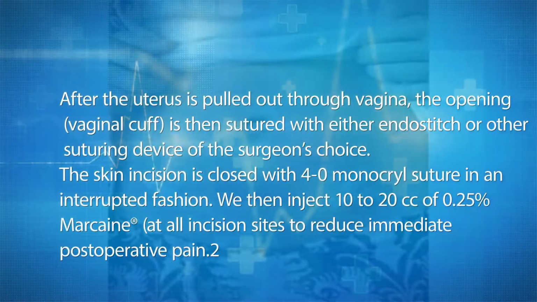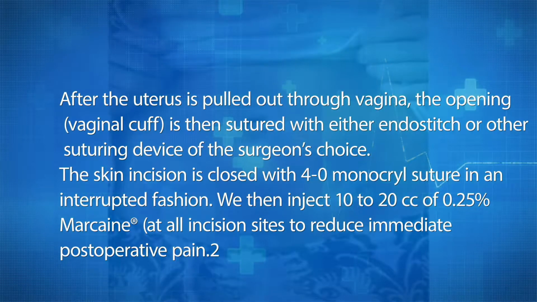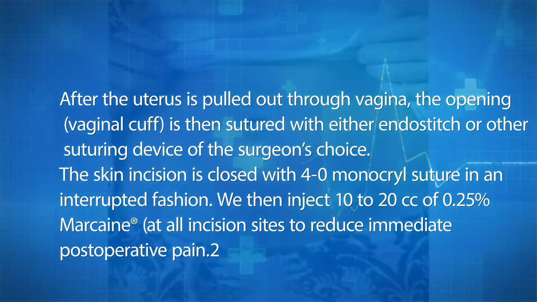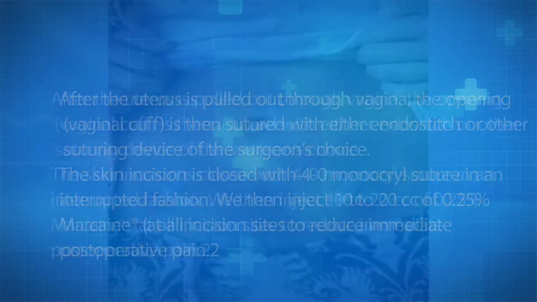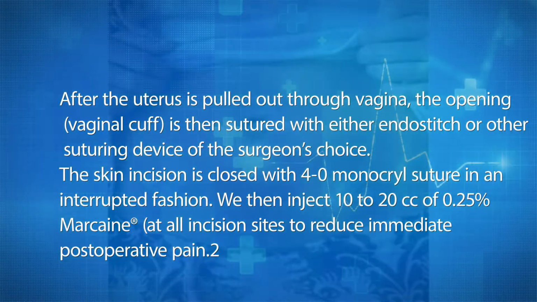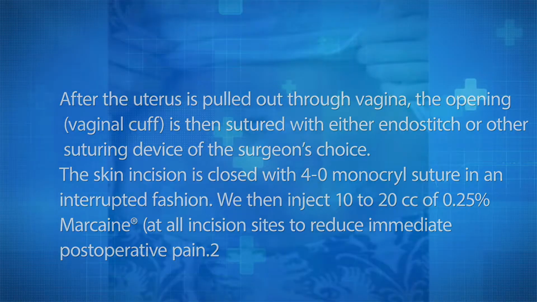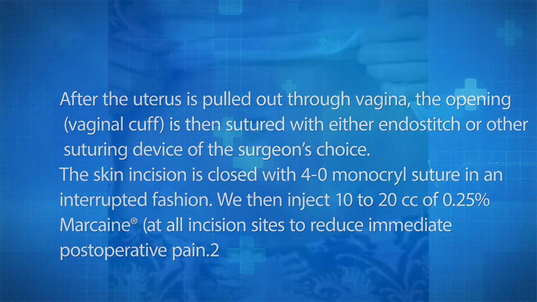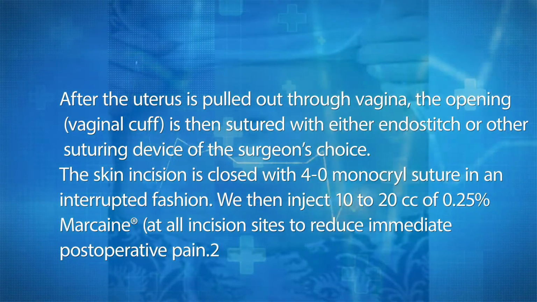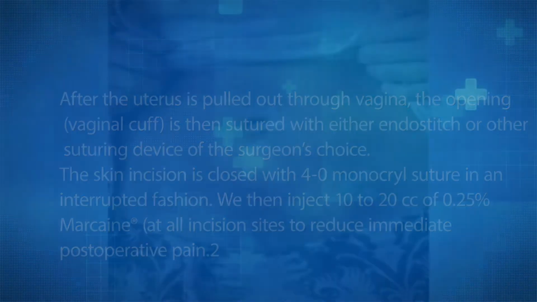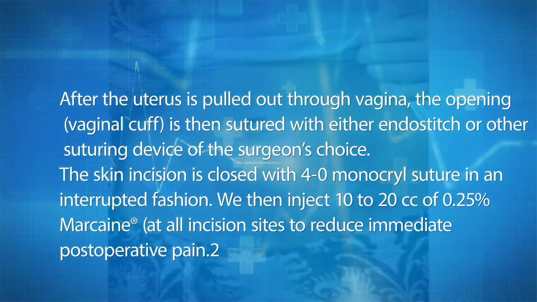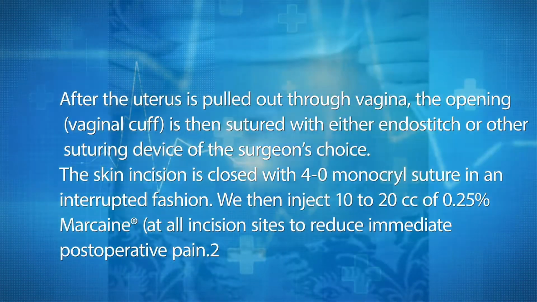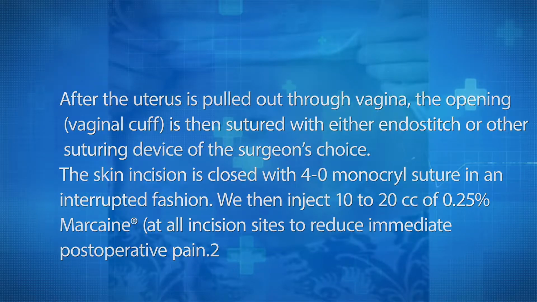After the uterus is pulled out through the vagina, the opening or the vaginal cuff is then sutured with either an Endo Stitch or other suturing device of the surgeon's choice. The skin incision is closed with a 4-0 Monocryl suture in an interrupted fashion. We then inject 10 to 20 cc of 0.25% Marcaine at all incision sites to reduce immediate postoperative pain.